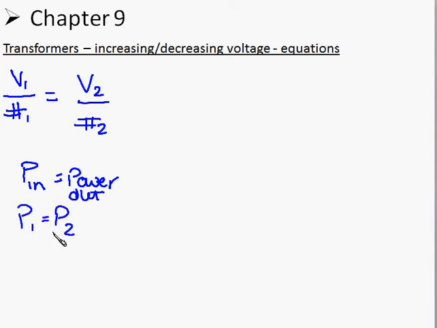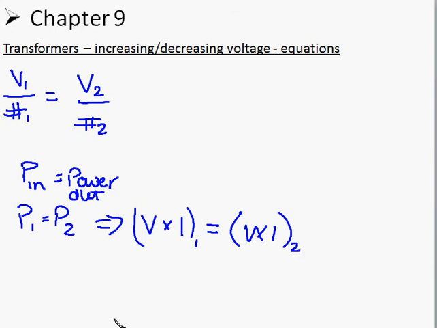And you can use voltage times current for power, right? We know that from previous chapters. So this same equation can also be V1 times I1 equals V2 times I2. All right, and we'll show how to use these.